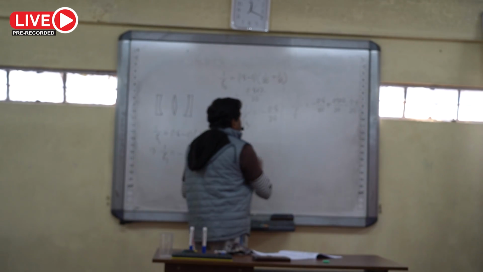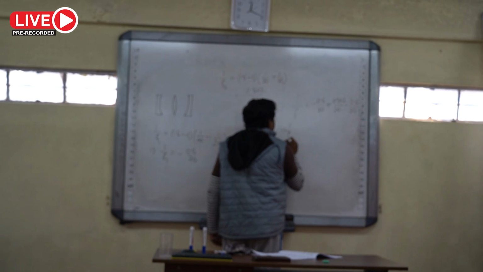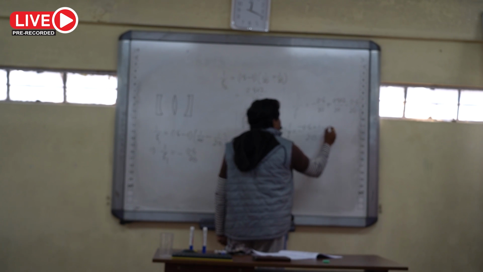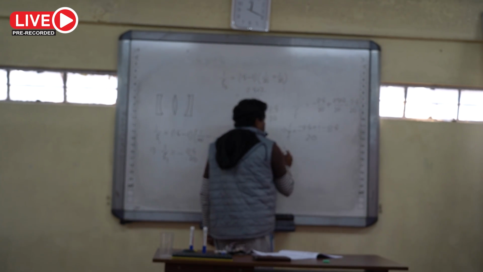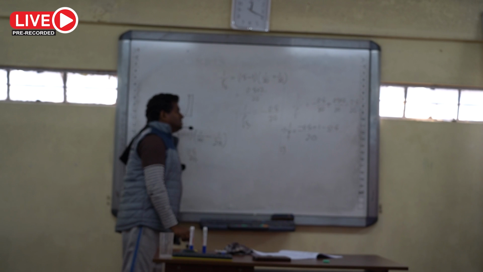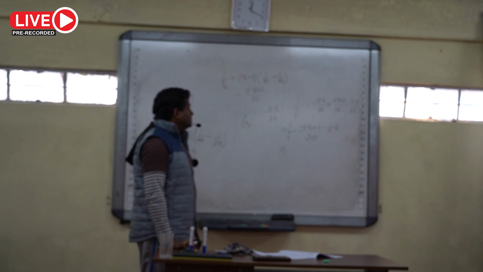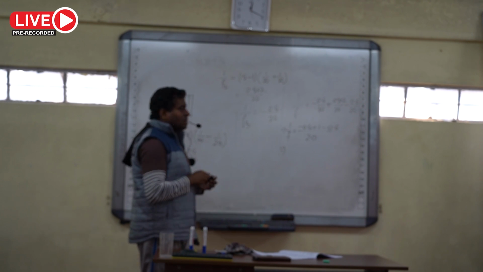So it is coming 1 by f equal to 1 by 20 into this one, minus 0.6, this one plus 1, minus 0.6. So 0.6 plus 0.6 is 1.2, and 1.2 plus 1.